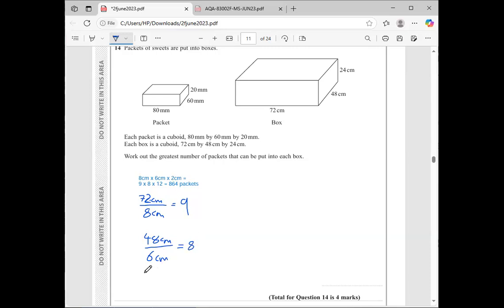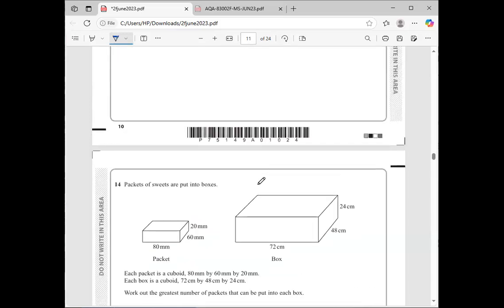And then finally, 24 cm over 2 cm. Let me put the cm part so that I don't forget. And that will give me 12. Okay. All right. So moving on.